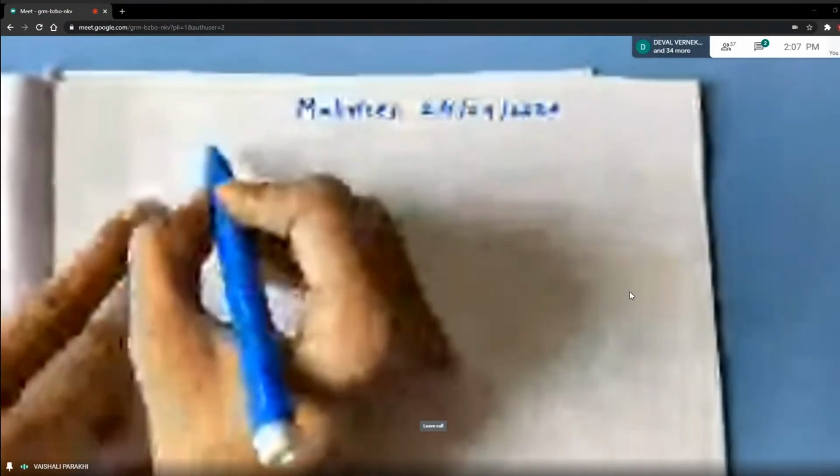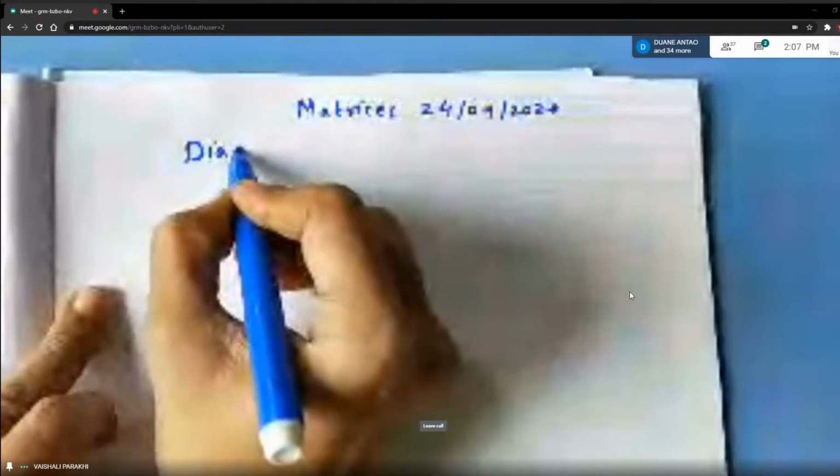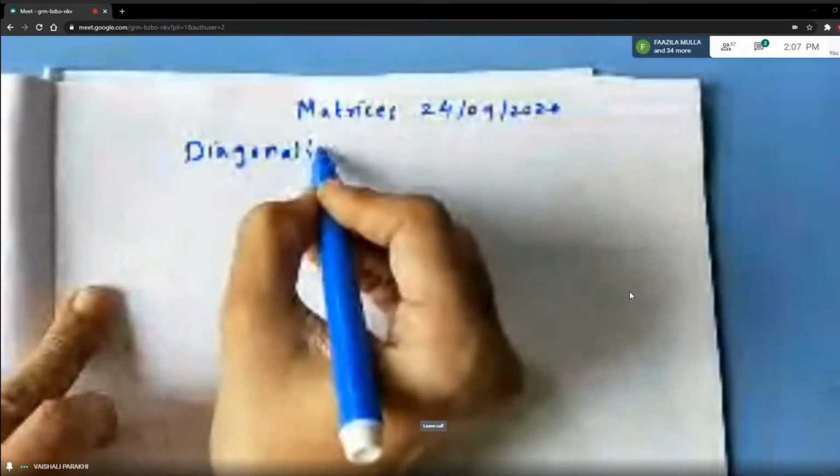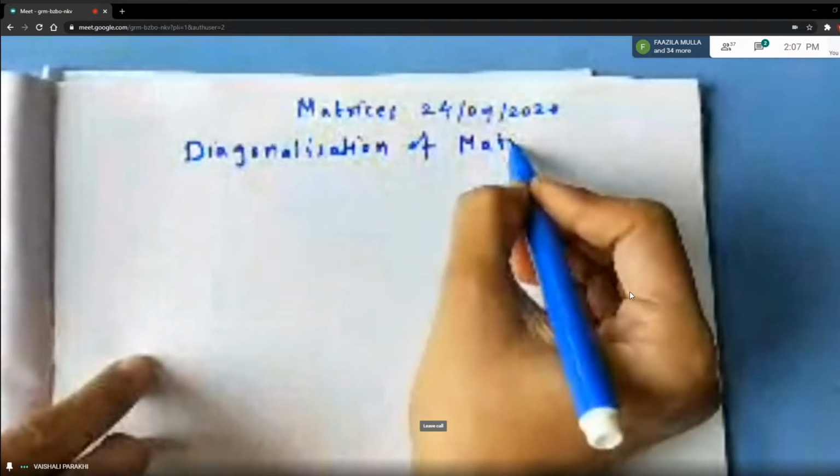See what is the meaning of this. It is called diagonalization of matrix.